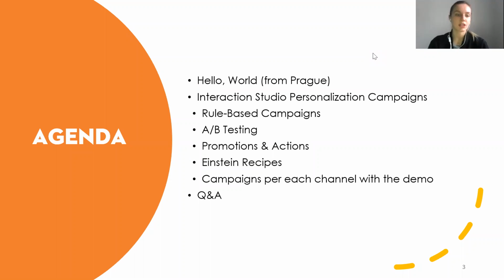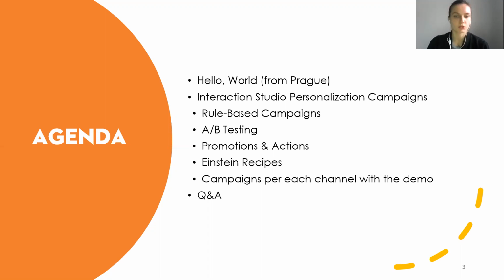So the agenda for today is, first of all, to say hello from Prague, just for those who don't know me and haven't seen me previously. Then we will go deeper into Interaction Studio Personalization Campaign. So what does it mean? And then cover all possible types of campaigns that you can set up in Interaction Studio. So they could be rule-based, A/B testing.